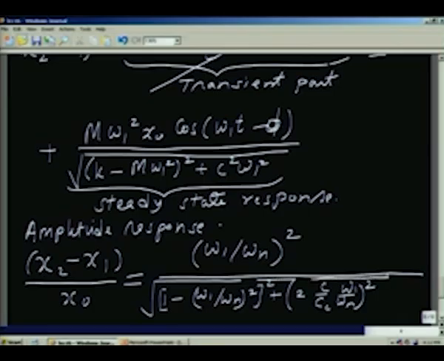That is your response function. We will call that equation number 1. This is very important, and therefore I am going to use this as equation 1.